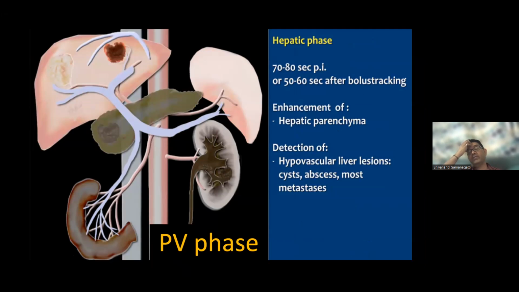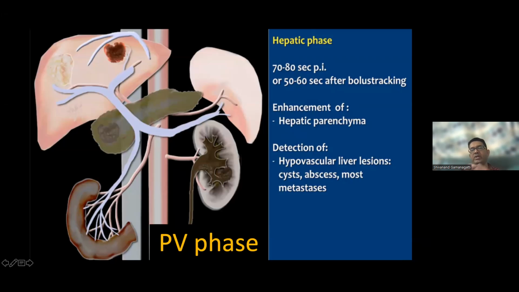Followed by that, we acquire another phase, which we call the hepatic phase, where the contrast has reached the hepatic veins. In the late arterial phase there is a little bit of opacification of the portal vein, but in the hepatic phase the entire liver parenchyma is enhancing, and there is opacification of the hepatic veins.